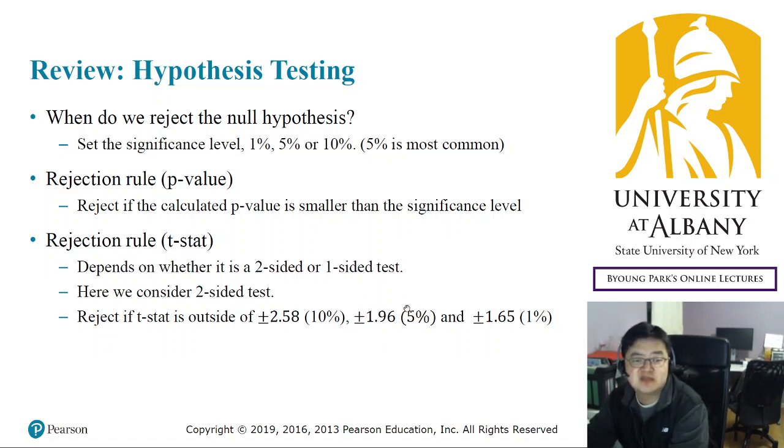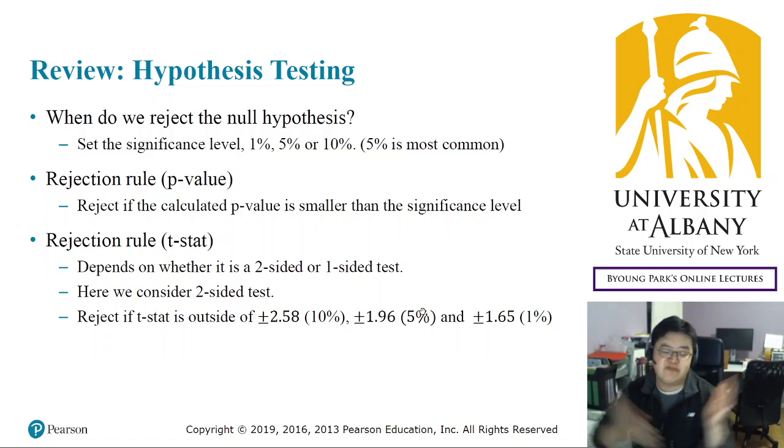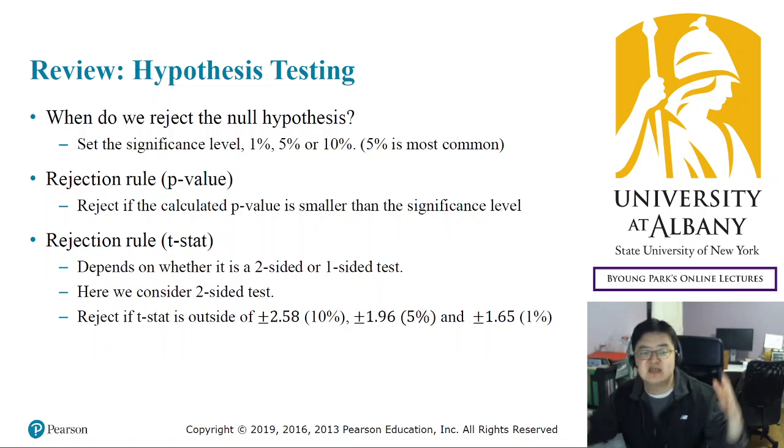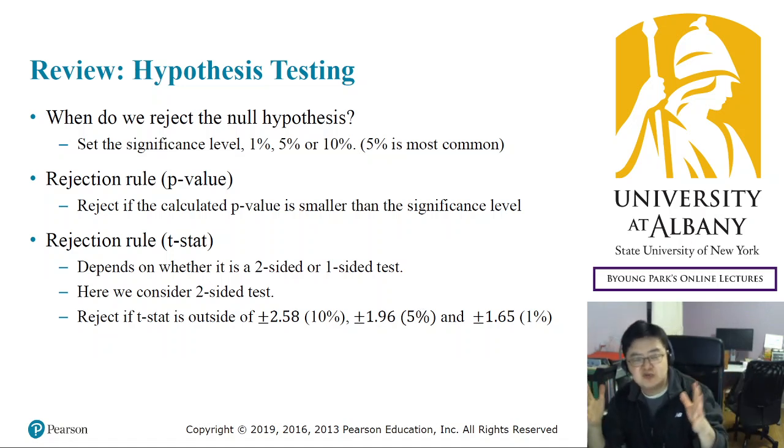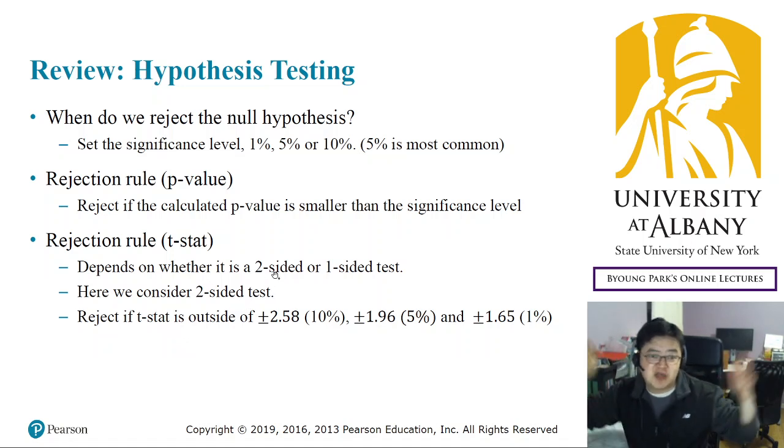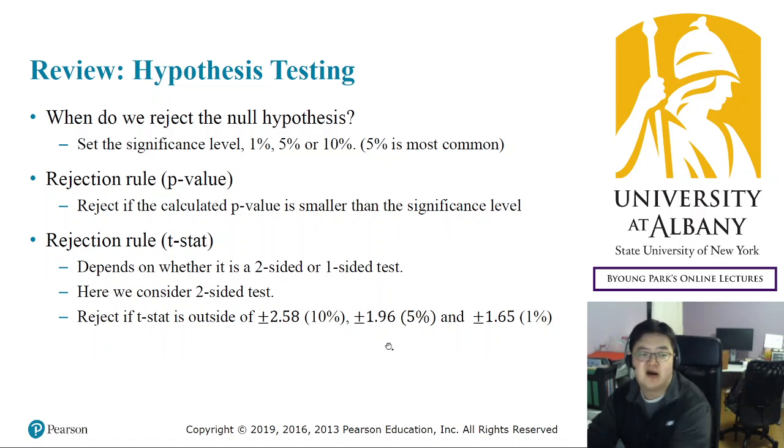So if the standardized difference is within plus minus 2, then I think the difference is not that large. But if the standardized difference, which is the t-statistic, is larger than plus minus 2, approximately, then that's too large. So you are going to reject the null hypothesis.